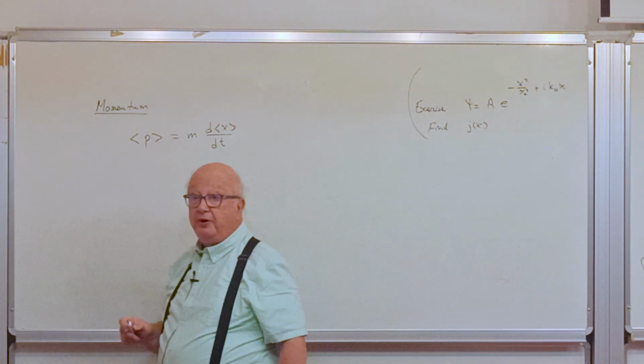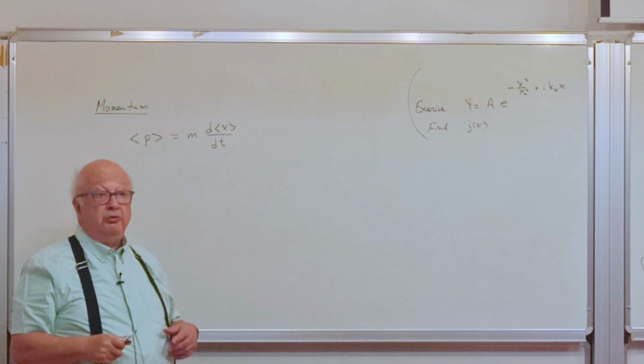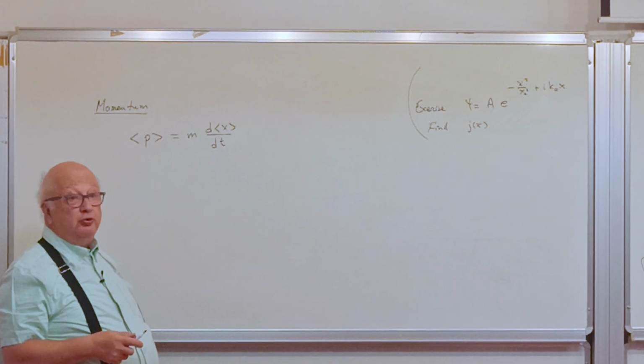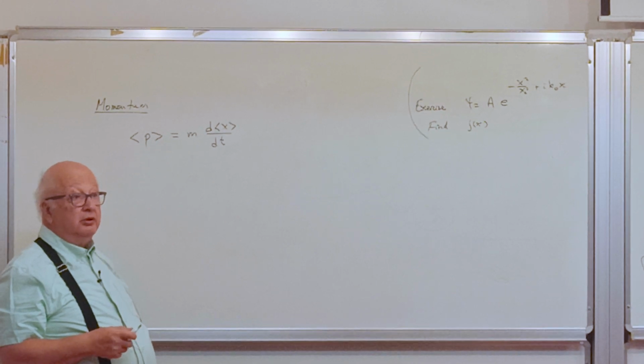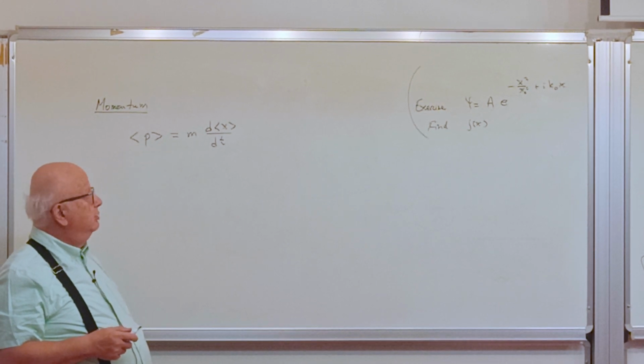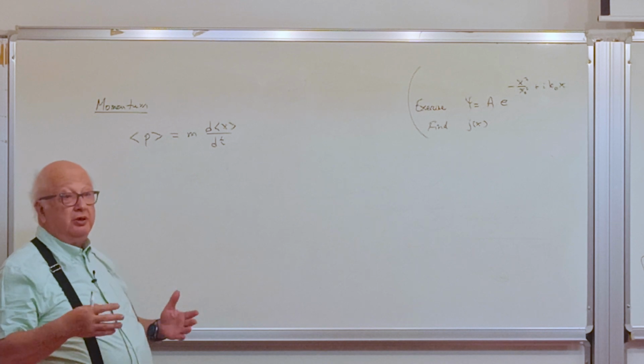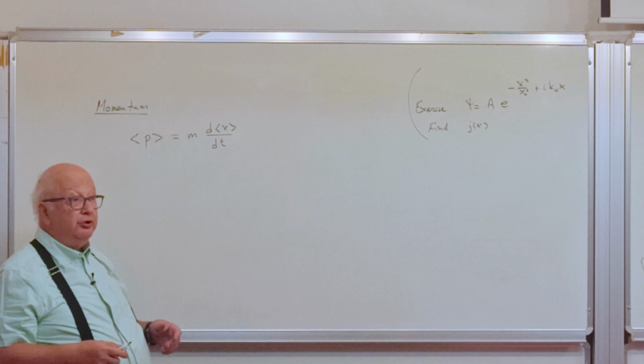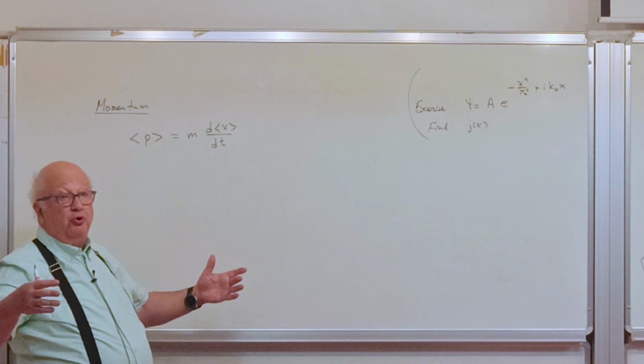Simple algebra, but now you'll see that this wave function is actually moving, but not all parts will be moving with the same amount of current. So, in fact, it will be deformed and everything.